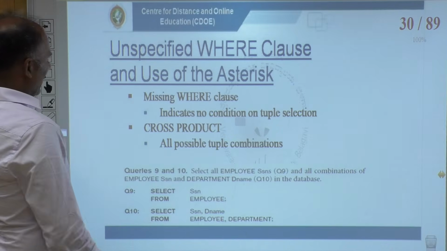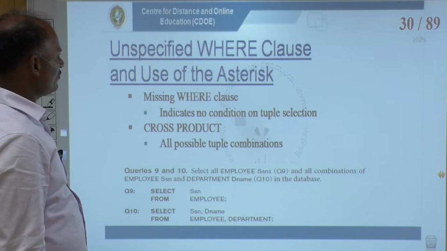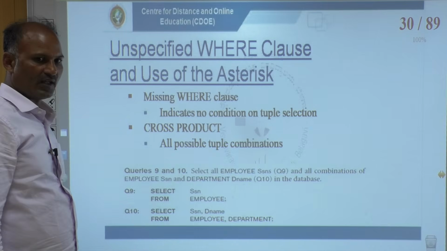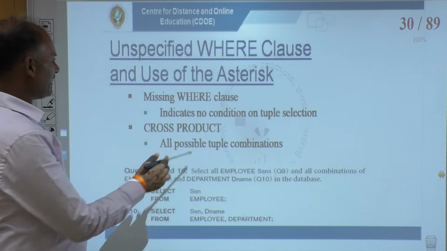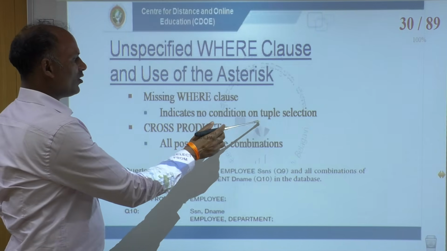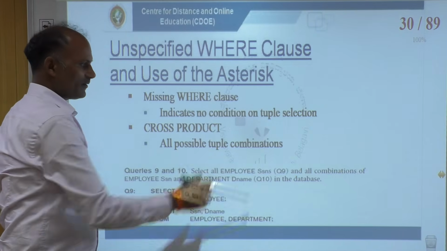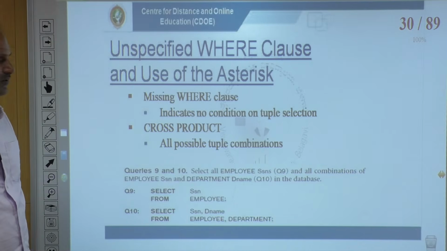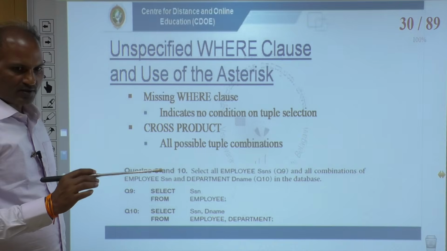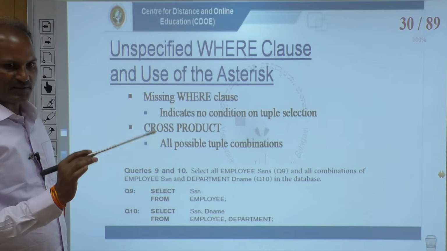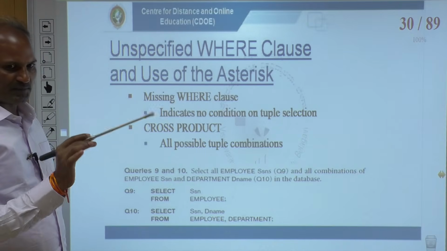Next is the unspecified where clause and uses of the asterisk, the star. A missing where clause indicates that there is no condition on tuple selection. It means it is going to display all the records, all the columns from the respective table.